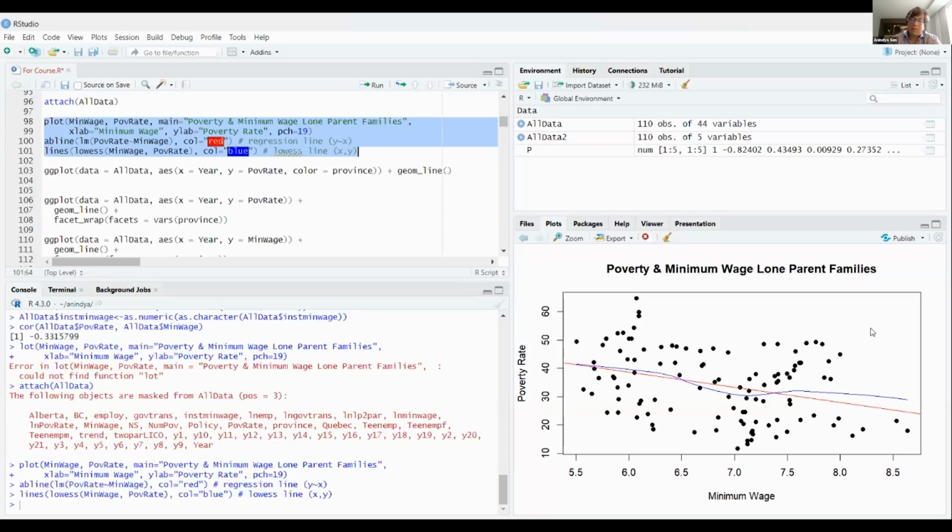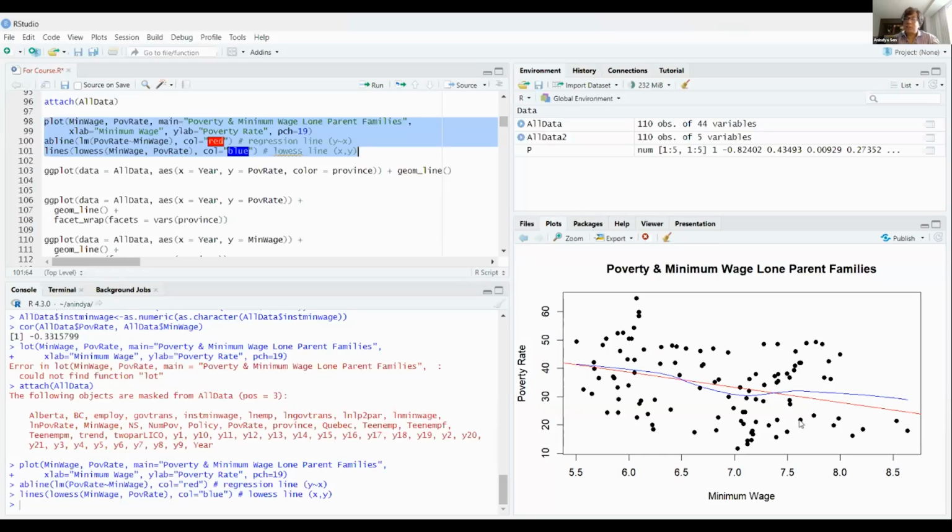You take all the observations, and the essence of regression analysis is just fitting a straight line through them. But you can see there's a bit of a spread out there. Yes, on average, you take data from 1990 to 2011 for the 6 provinces or 5 provinces, you see a downward trend: as minimum wage is going up, it's driving down poverty rates. But you can see it's not clustered around the line.